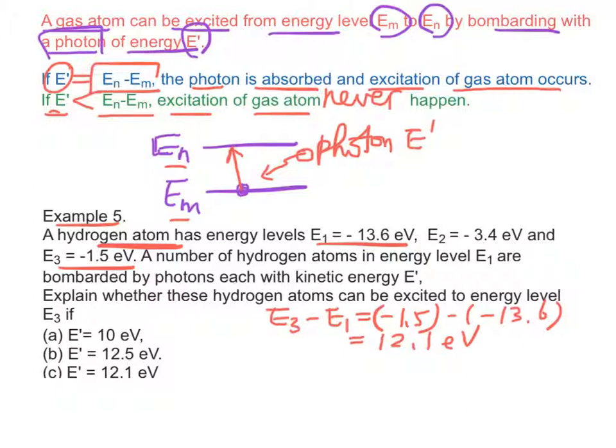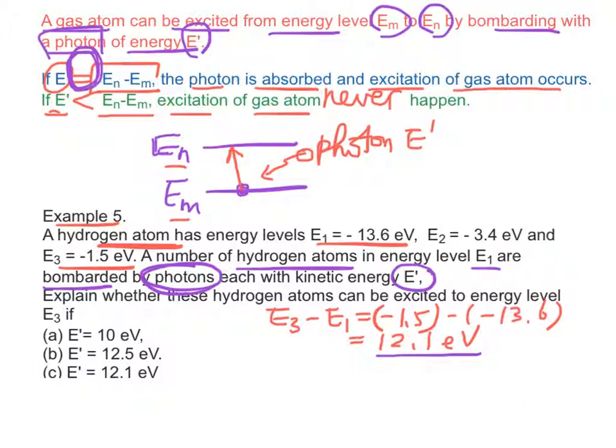In order for the atoms to be excited from E1 to E3 when bombarded by photons with energy E pi, the energy of the photons must be exactly equal to the energy level difference, which is 12.1 eV.